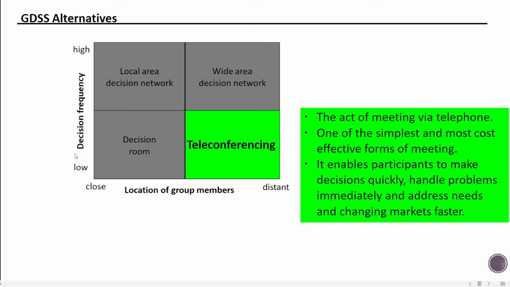And also there is a distant location of group members. So this is used when groups are geographically distant and don't need to make decisions frequently. Members communicate via video or phone calls. So, example siguro dito is annual strategy discussions between company executives located in different countries.